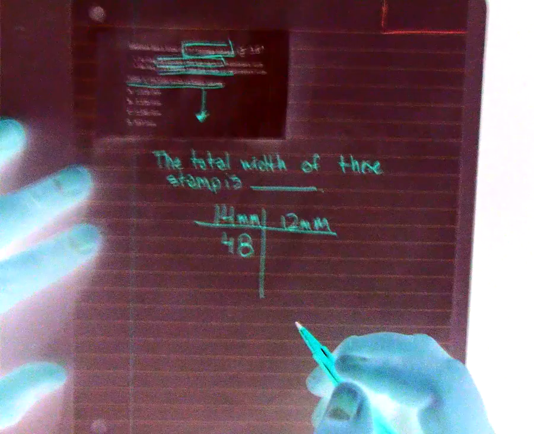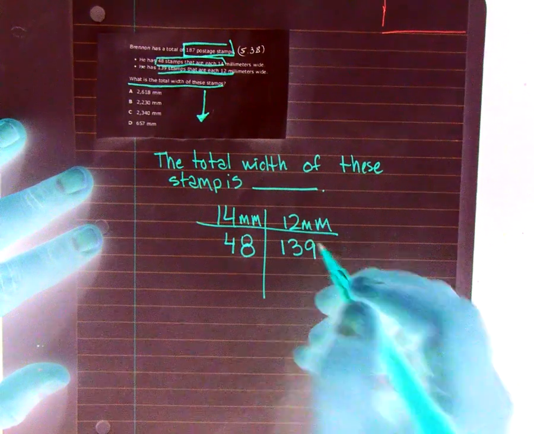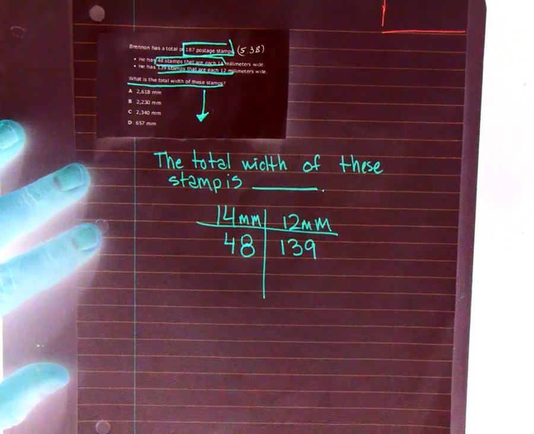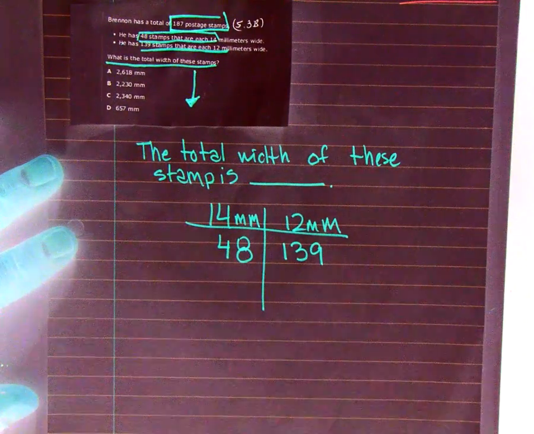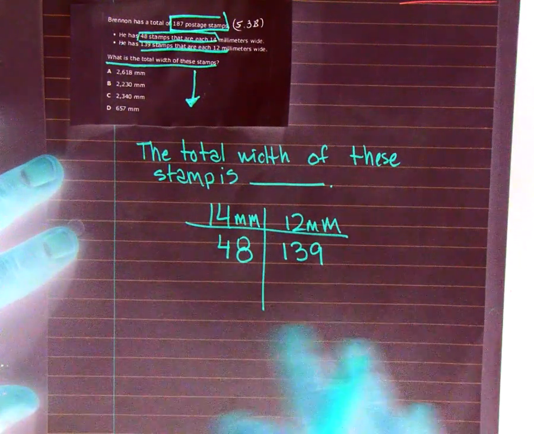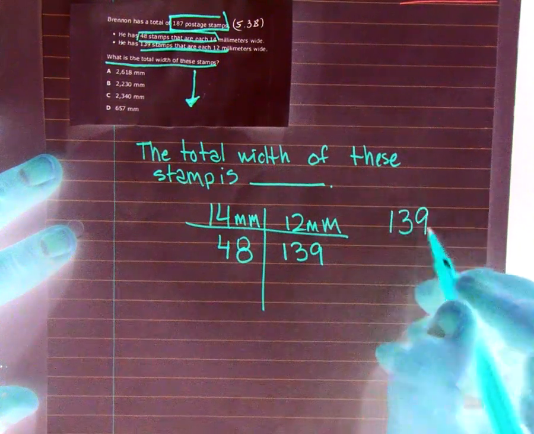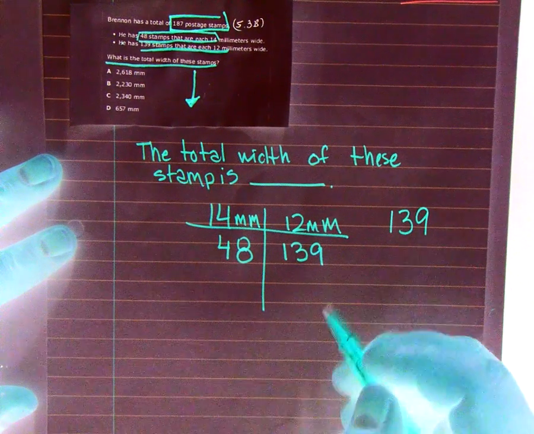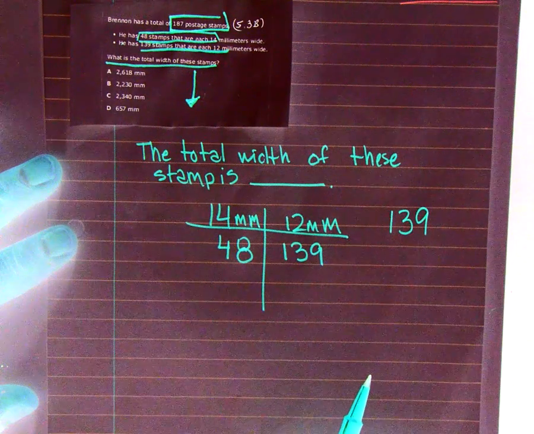He has 48 14-millimeter stamps, and he has 139 12-millimeter stamps. This shows me they understood the question being asked and figured out a strategy to solve it. And of course they will do their multiplication on the side, check all their work, and see how they do.